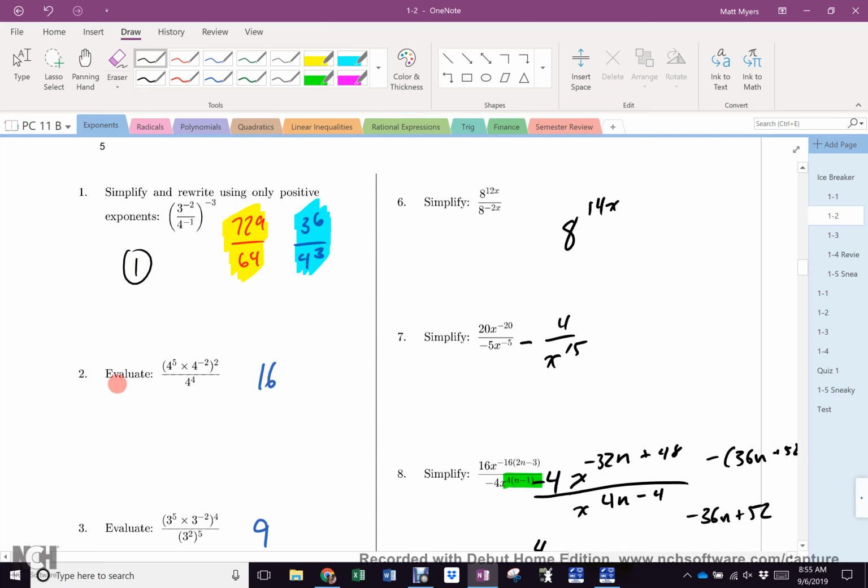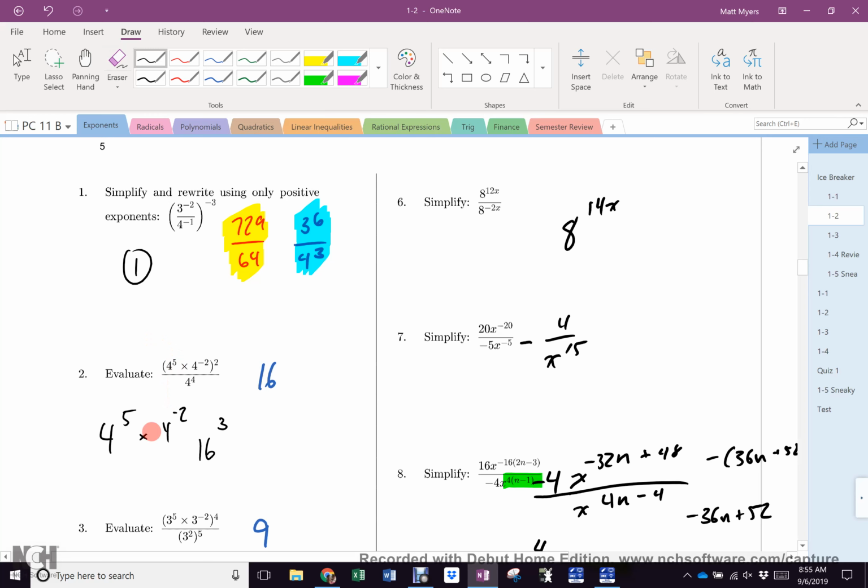Okay? So number 2, a lot of people were asking about number 2. A lot of people were saying, okay, I get that it's 4 to the 5th, and I get that it's 4 to the negative 2, and I get that I should add the exponents, but because you saw numbers, you were saying it was 16 to the 3 inside these brackets. Does everybody see why somebody would think that? Normally, when we do the rules, they're letters, and obviously we get that.